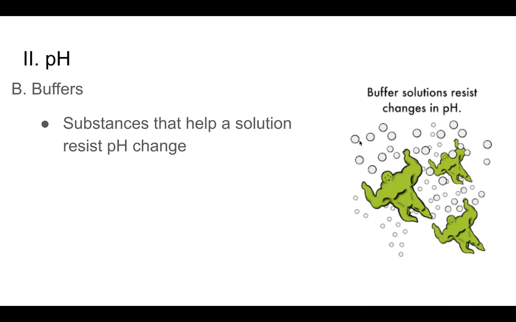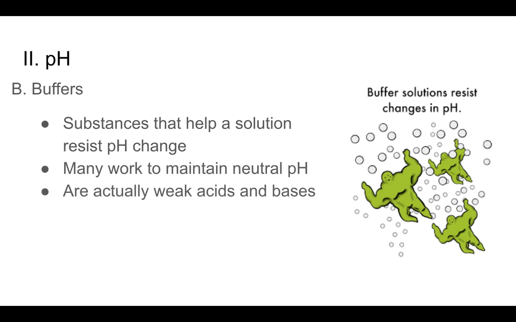Okay, so buffers, keep in mind that whatever the solution is supposed to be, buffers try to help maintain that. And so in our body in particular, I mentioned our blood, buffers try to keep our blood at that relatively neutral value. And so buffers mainly work to maintain a neutral pH.